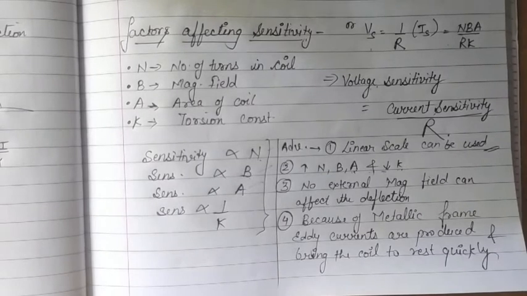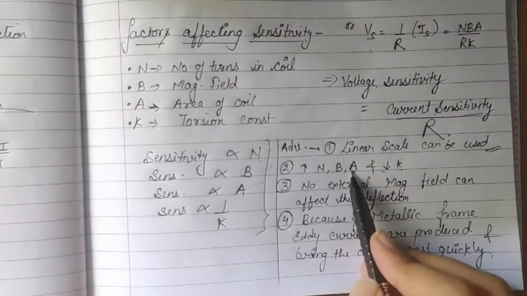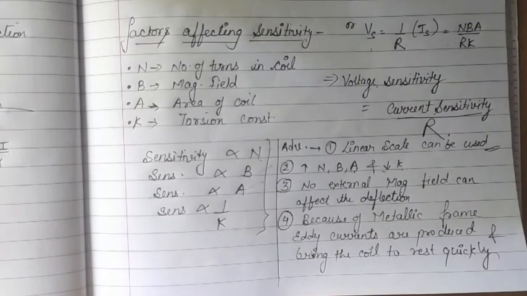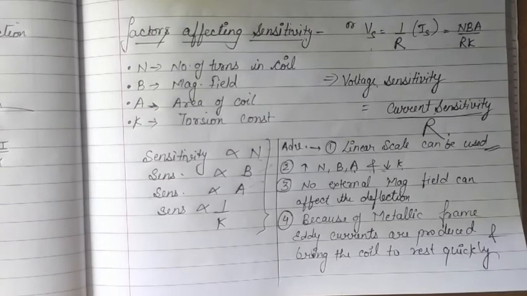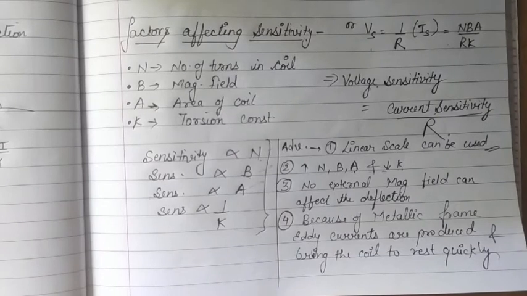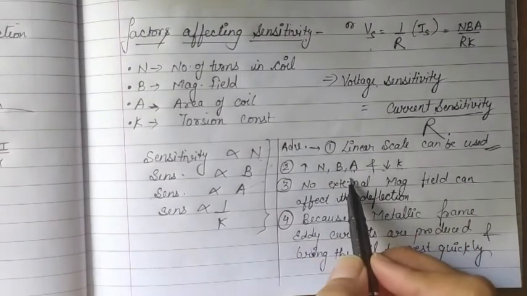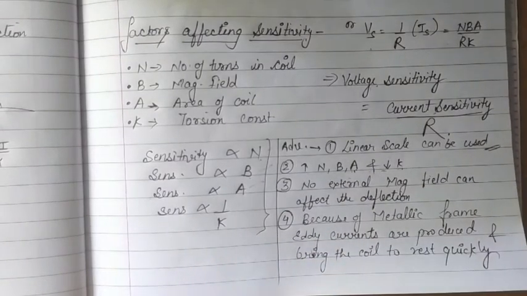We can make a coil with a certain number of turns and a certain area, but we can't change that coil again and again in the same moving coil galvanometer. While constructing it, we can set the sensitivity as per our choice, but we can't change it as per our need again and again. So this is the first disadvantage.